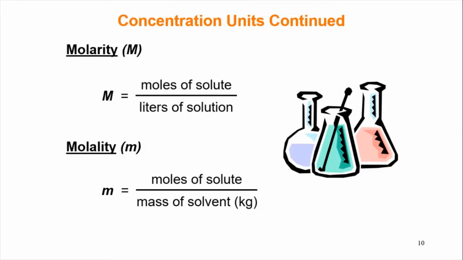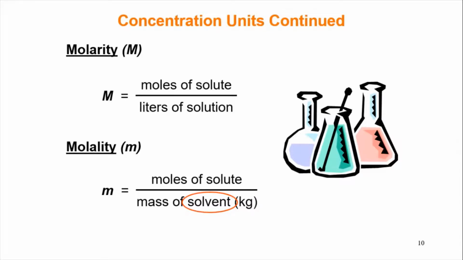Notice the difference. Molarity is a ratio of solute to the volume of the solution. Molality is a ratio of the moles of solute to the kilograms of solvent. So very different units, but please don't get them mixed up, okay?